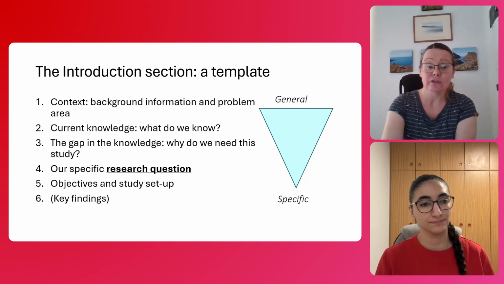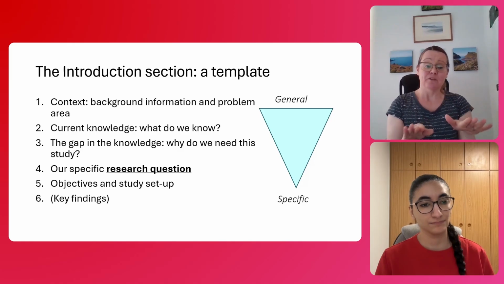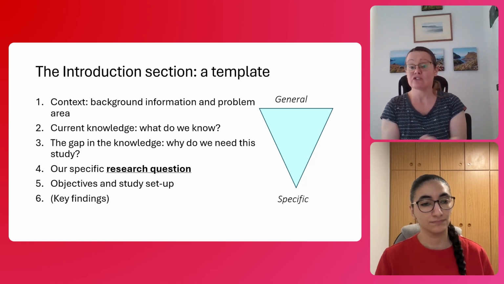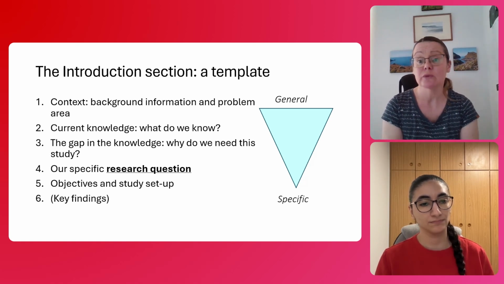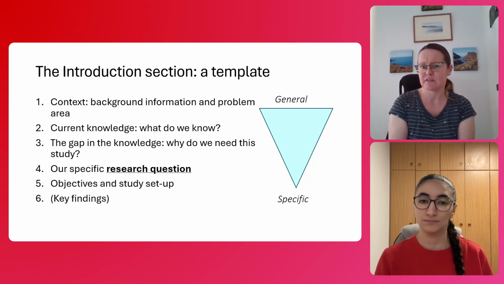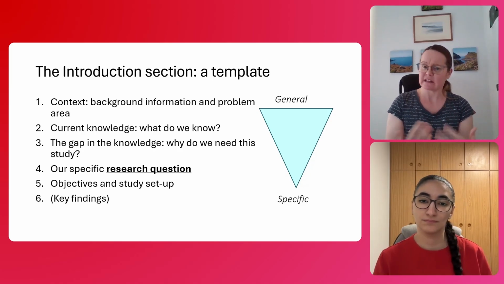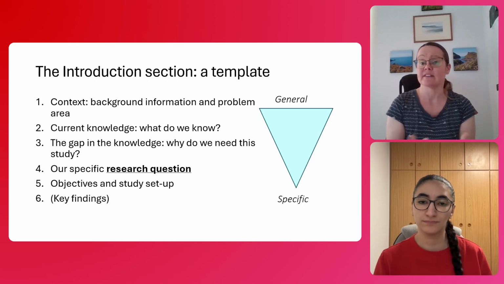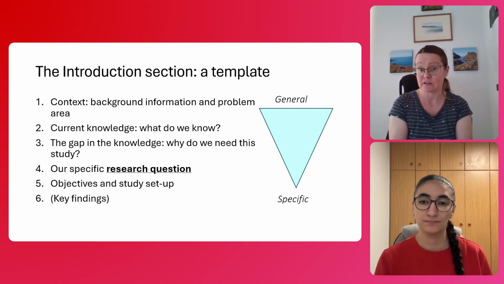What you may also choose to do at the end of your introduction is to give the key findings. Okay, I've put that in brackets because that isn't a must. It is something that some fields do. So what I suggest that you do is you check the journal you're submitting to. Do papers typically end their introduction by summarizing the key findings, or do they particularly round up by summarizing the objectives and the study setup? Okay.